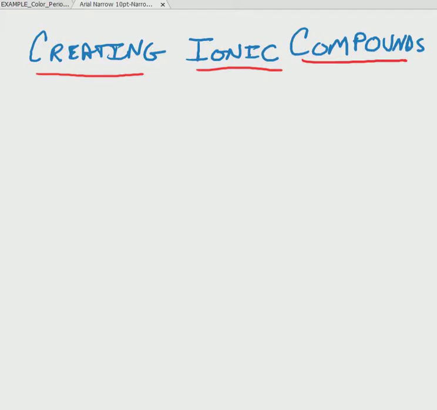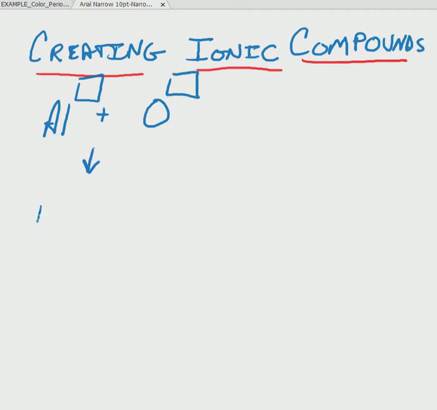So let's say that we were going to try to combine aluminum, or if you were in England, aluminium, and you were going to combine it with, let's say, oxygen. We'd have to look up the ionic charge for both of these.